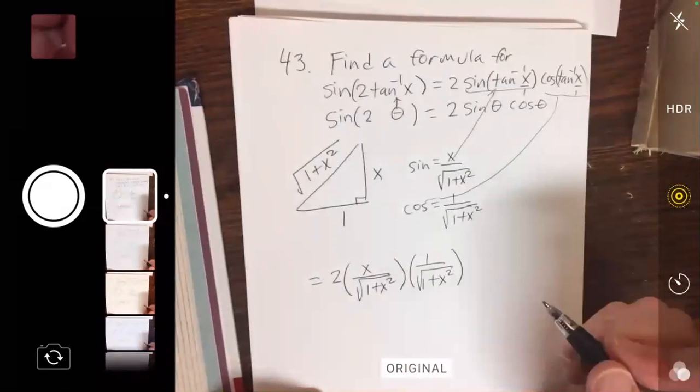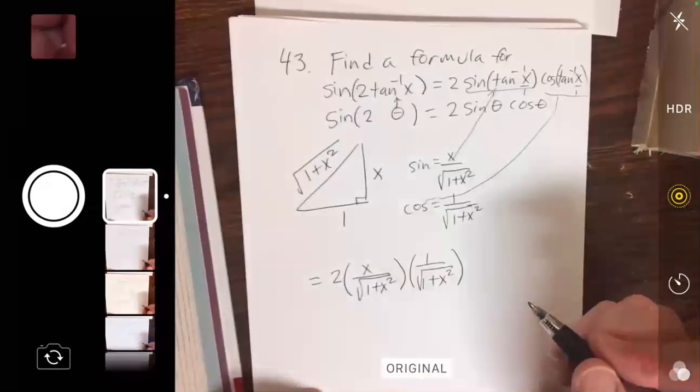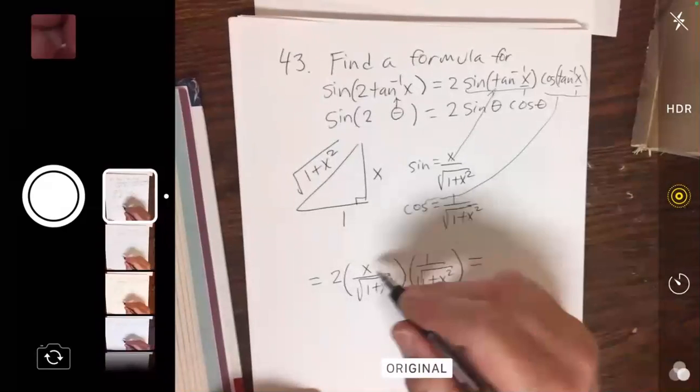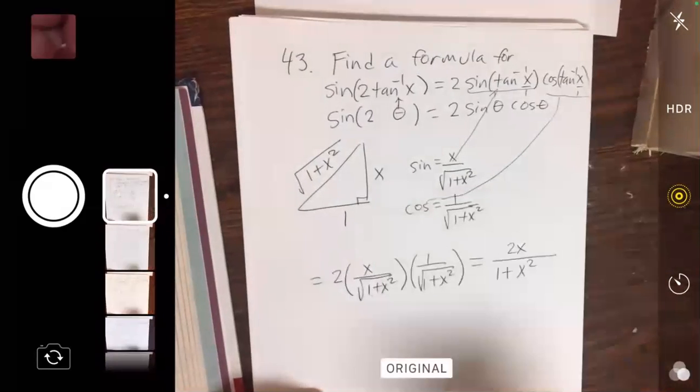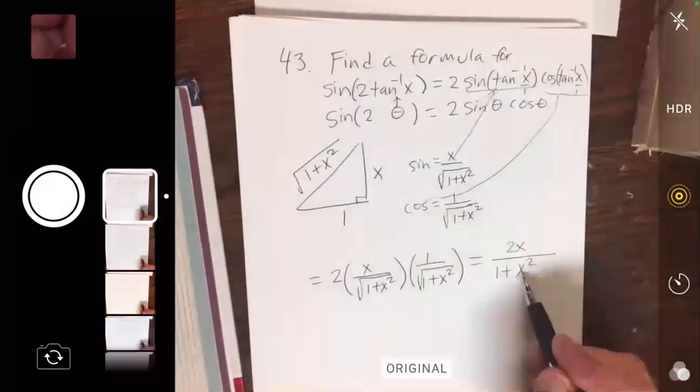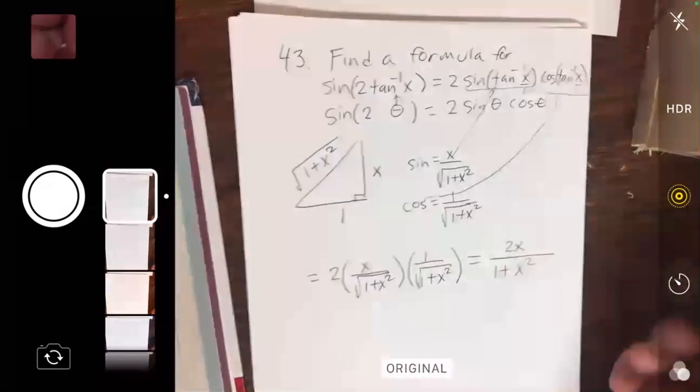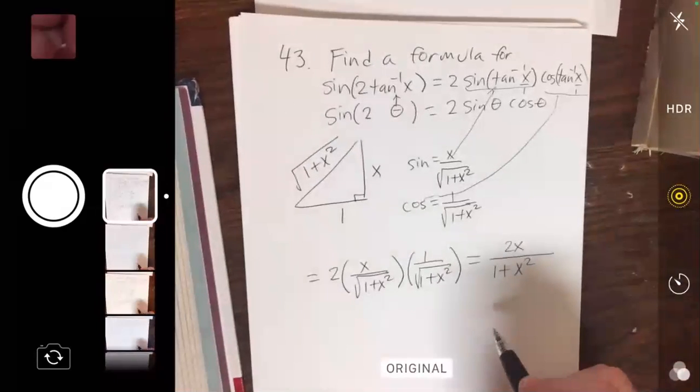Well, your top, 2 times x times 1, would be 2x. And on bottom, your root's identical, so it would just drop, leaving 1 plus x squared. And you could punch an x value in here and an x value here, and you get the same answer.